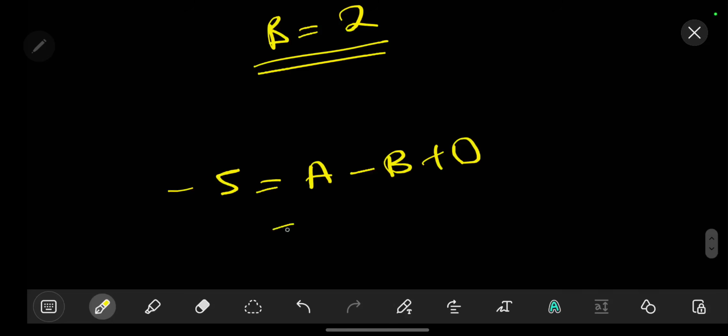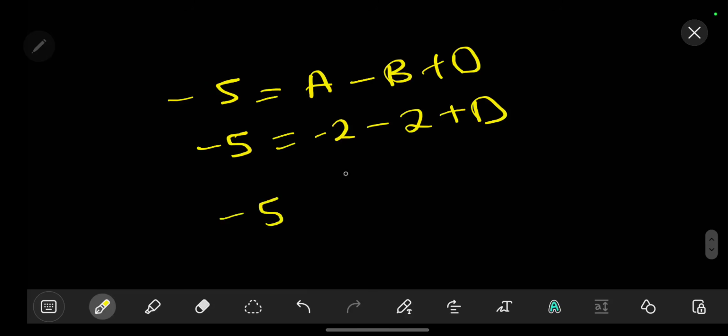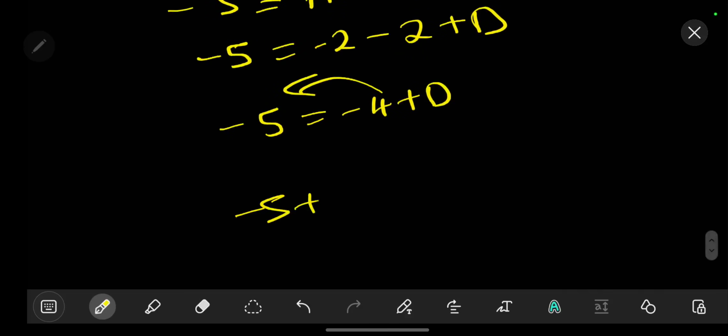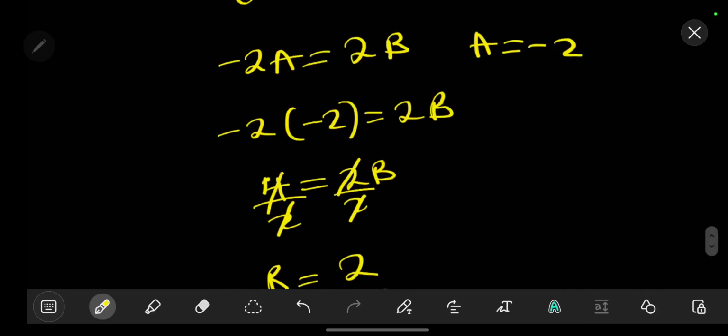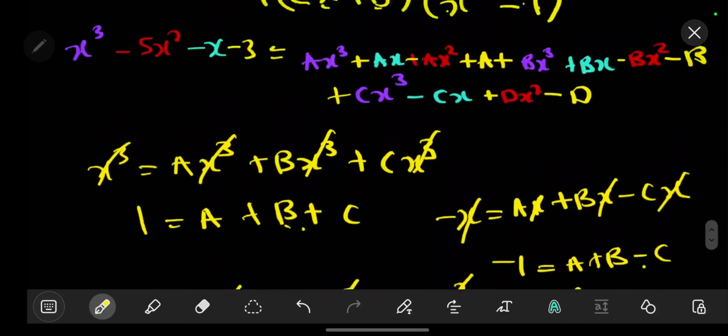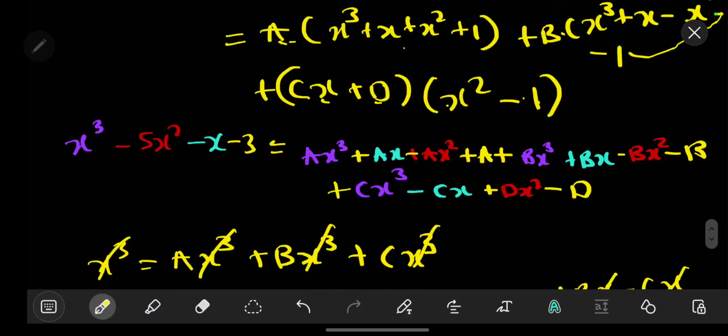A is negative 2, b is positive 2, plus d, so negative 5 should be equal to negative 4 plus d. We take the negative 4 to this side, so negative 5 plus 4 should be equal to d. So we have negative 1 equal to d.